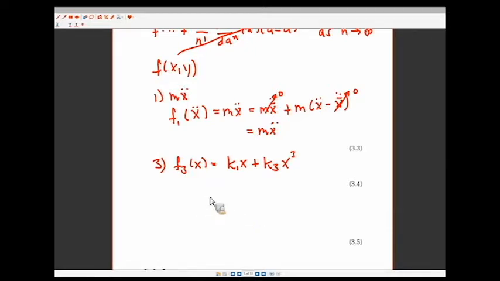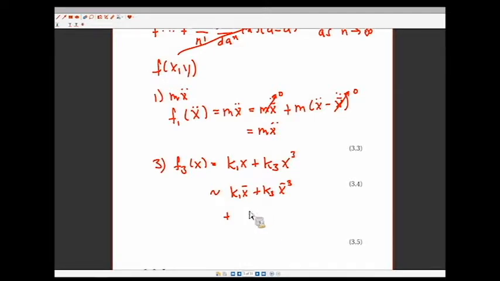All right, so I evaluate this. Now this is going to be an approximation. It's not going to equal, because we have a nonlinear term in here. So f3 of x is approximately equal to this function evaluated at its operating point, plus the derivative with respect to x.